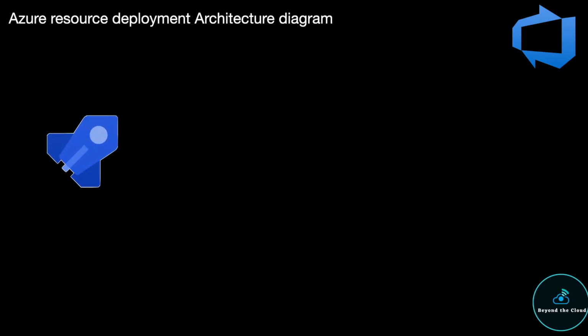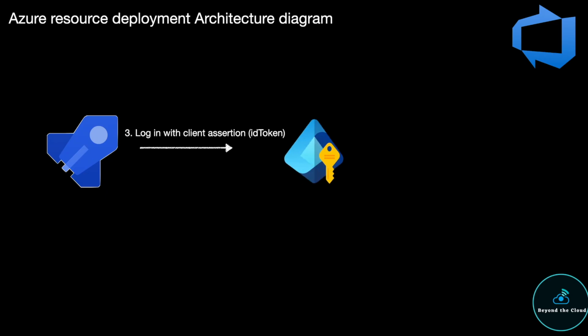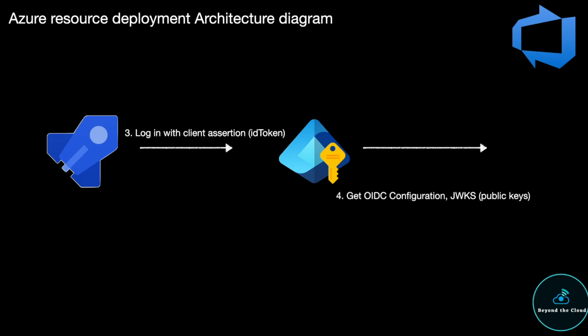So remember, our pipeline has triggered. And whenever our pipeline has triggered, it will ask for an ID token from our service connection. The service connection that we will be creating now. Basically, whenever we create a service connection, it will get an OIDC configuration token from where?